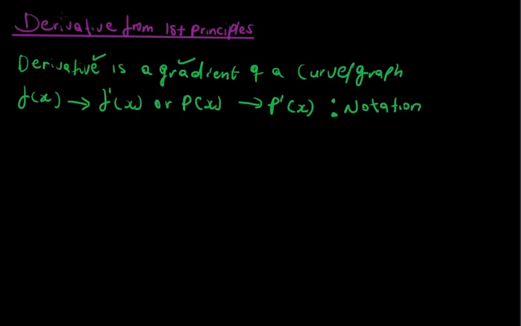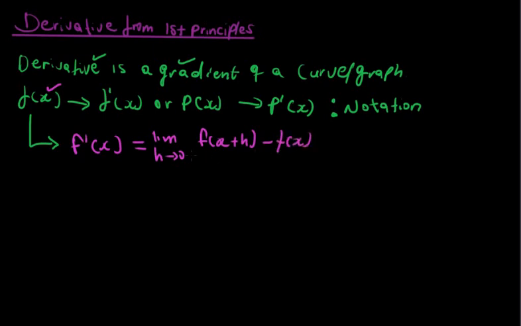And the formula, you also need to know the formula for calculating the gradient of a curve. So the formula, specifically for f of x, you will have f prime of x equals the limit as h approaches 0 of f of x plus h minus f of x, divided by h.